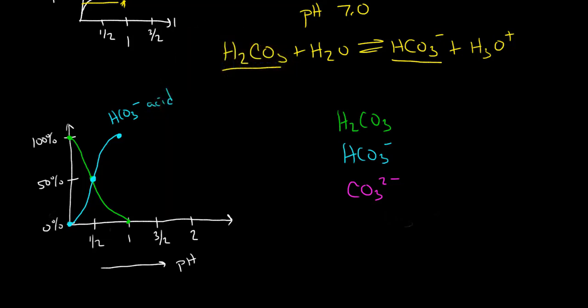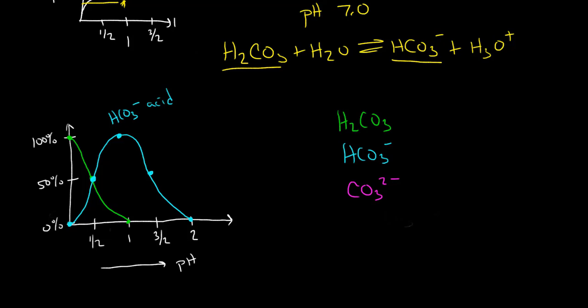Okay, so as it transitions through this second portion, as we become more basic, we're down to 50% at the second half equivalence point and down to 0% at the second equivalence point. So we end up with a curve that looks an awful lot like what we saw with carbonic acid, but we're now in the second equivalence region.